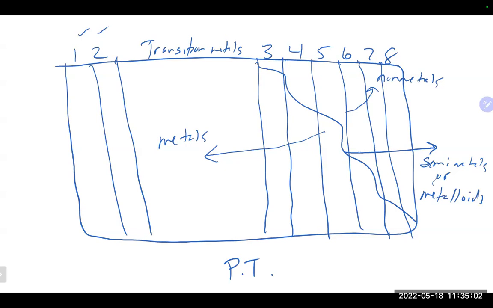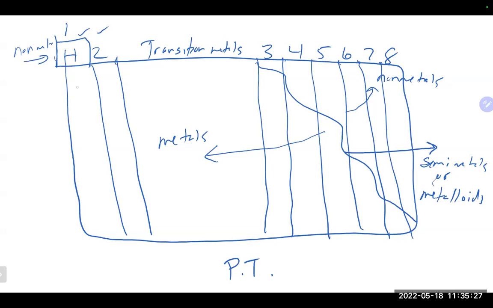And the one exception on most periodic tables, I'll go above here, is hydrogen, right? Hydrogen is a non-metal. And again, even though it's above group 1, it is not part of group 1 because group 1 is metals. So hydrogen is sort of an exception to that.